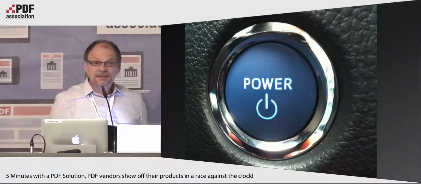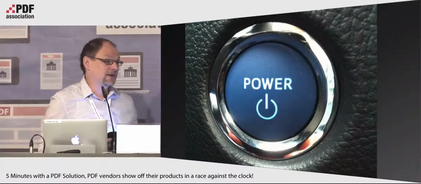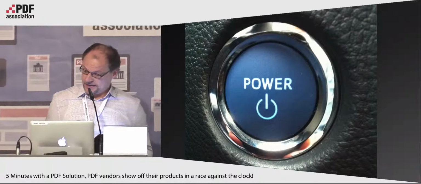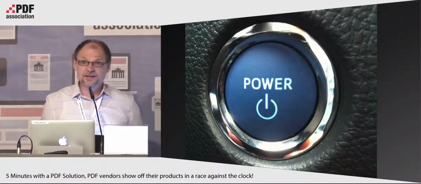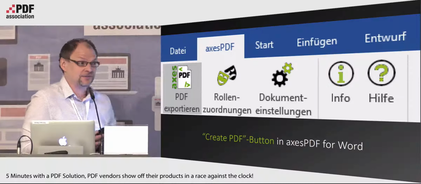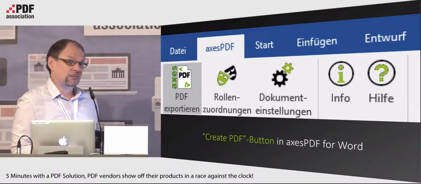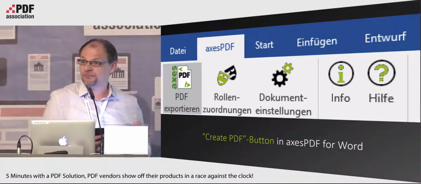So buttons can be very powerful, and they simplify life. And this leads us to developing software that simplifies your life in the field of PDF accessibility, because we love buttons and we love one-button solutions.